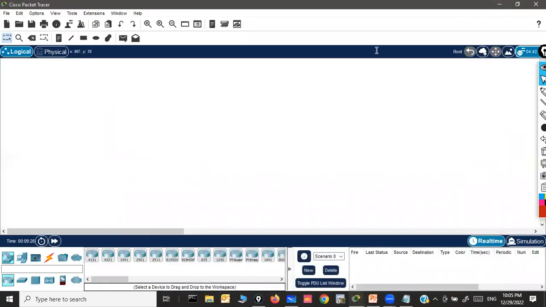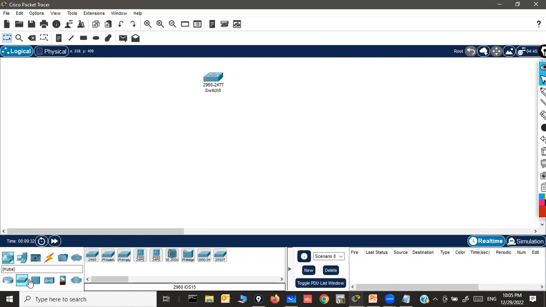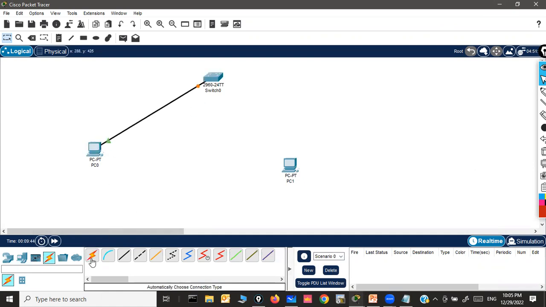And here I have opened Packet Tracer, and let me quickly show you the concept. If I take computer 1 and 2, I'm keeping things very simple, connected.